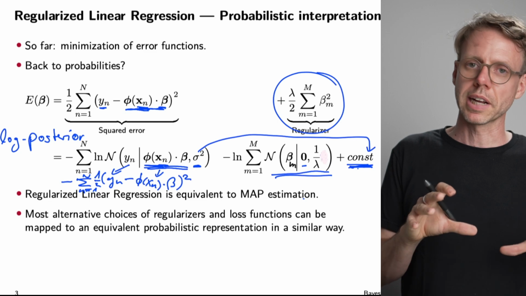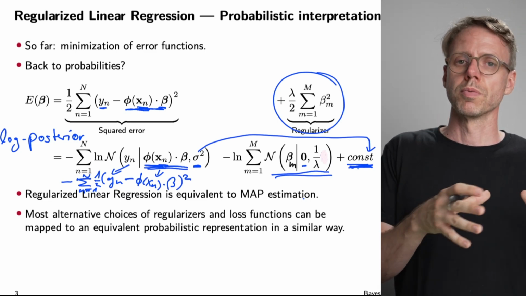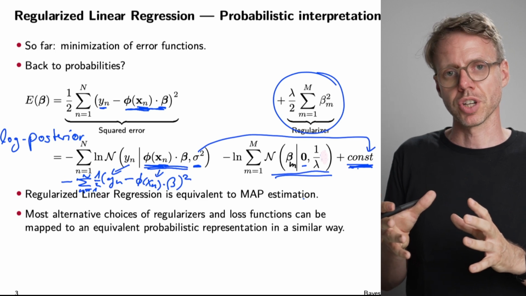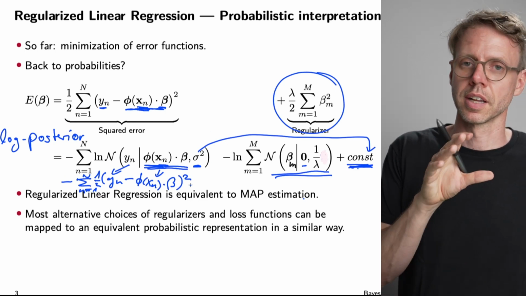So regularized linear regression is equivalent to maximum a posteriori estimation in a model that has a Gaussian likelihood.